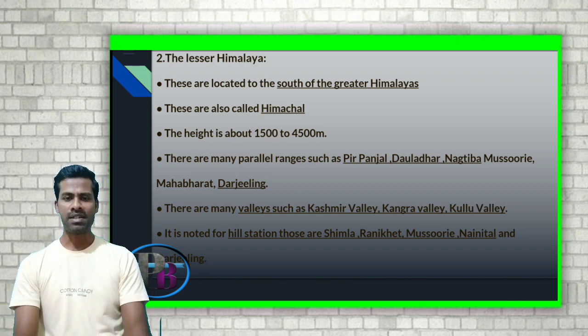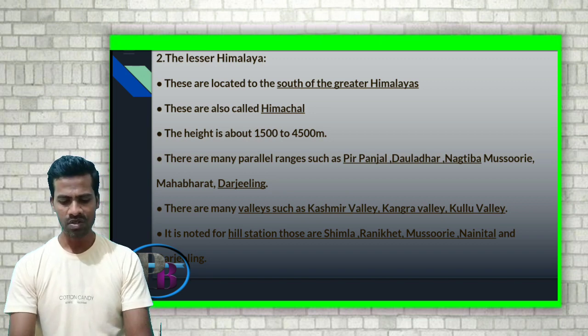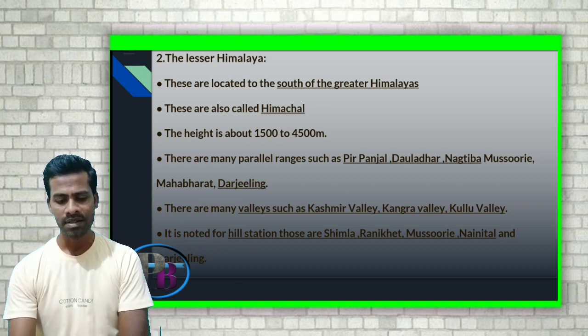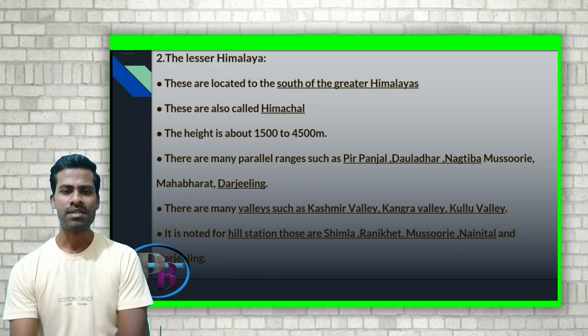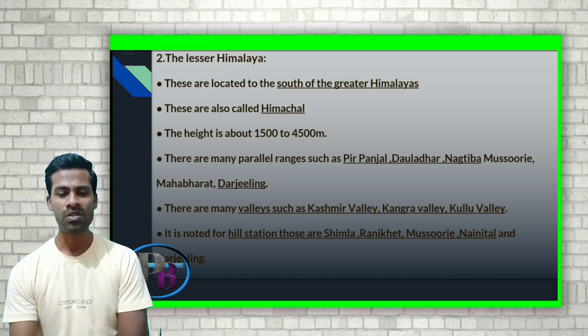And many hill stations are there in this category: Mussoorie, Ranikhet, Nainital, Darjeeling. Many times these questions are asked: which are the hill stations under the Himalaya? Which are the valleys under the Lesser Himalaya? So we have to focus on valleys and hill stations.